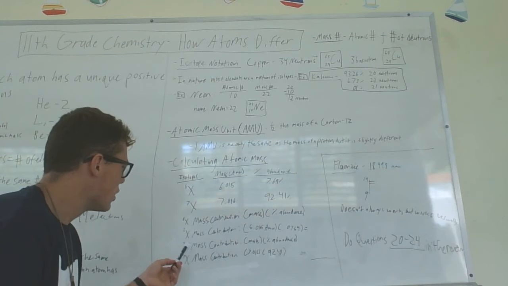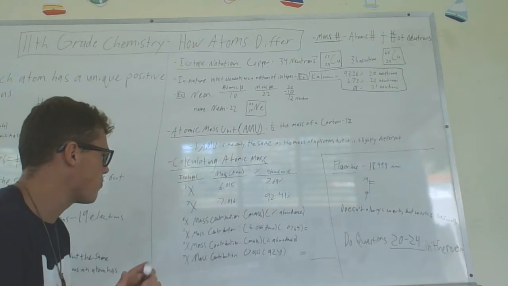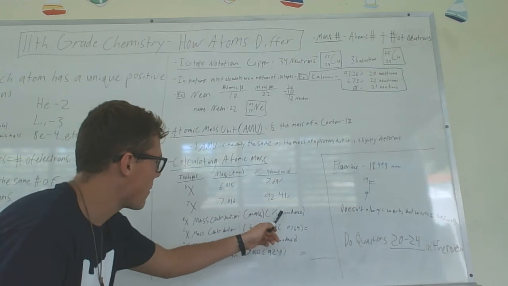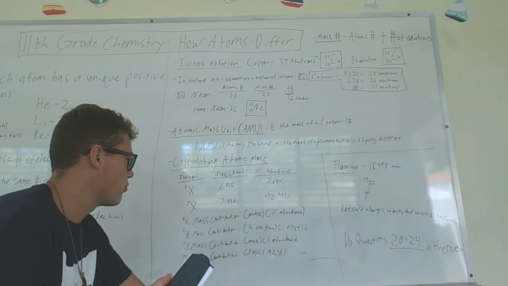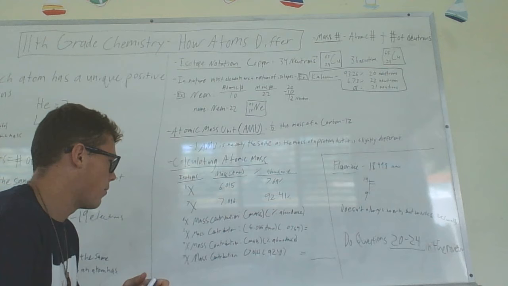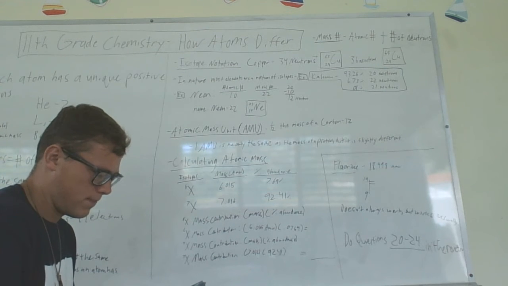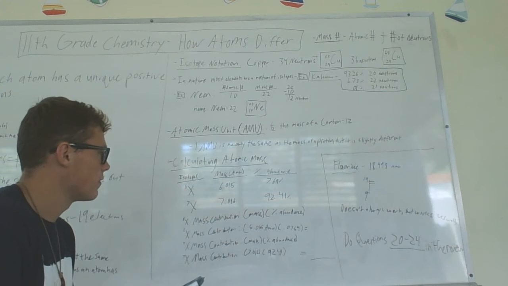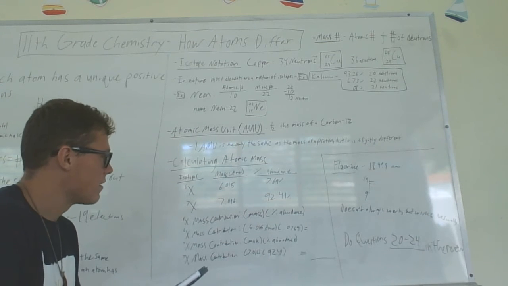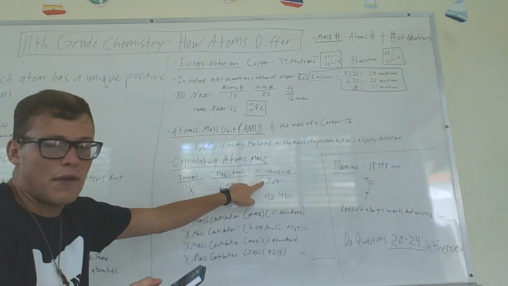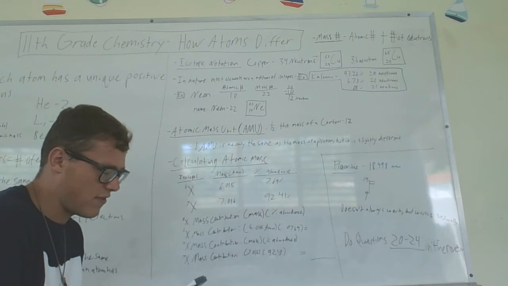So what you do, for the mass contribution from isotope 6, you take mass times percent abundance, okay? Let's do it. You take the mass, 6.015, times 0.0769, because 7.69% is 0.0769.